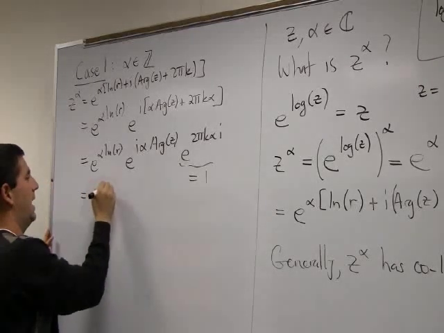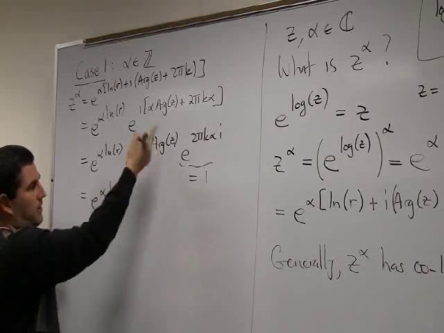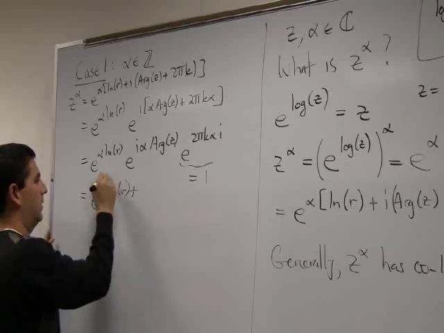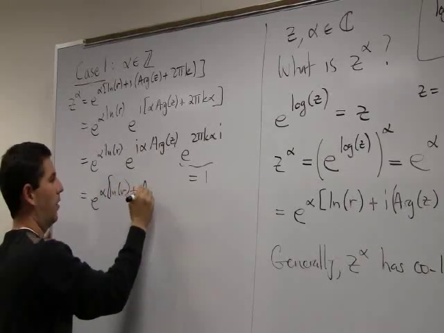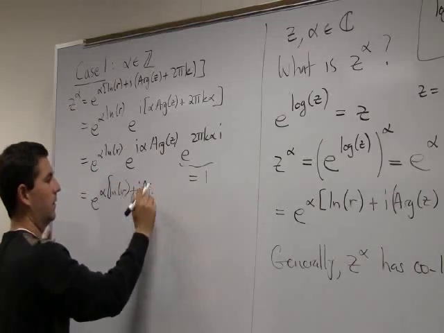So this is just e to the alpha ln of r. And now I put these back up as one thing: i times the arg of z.